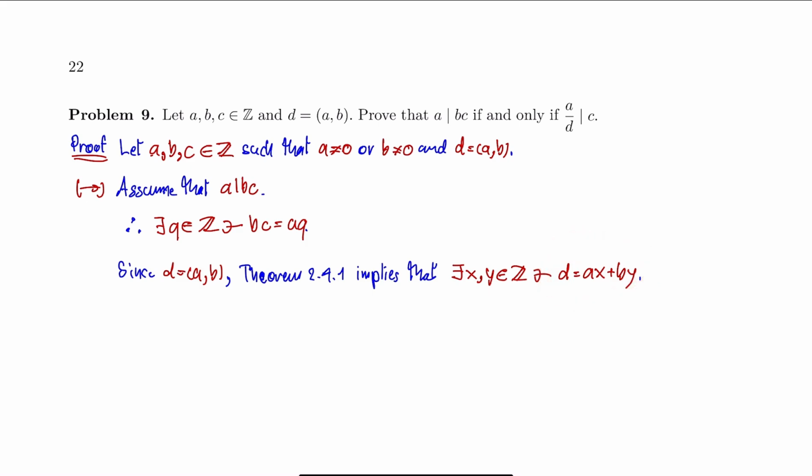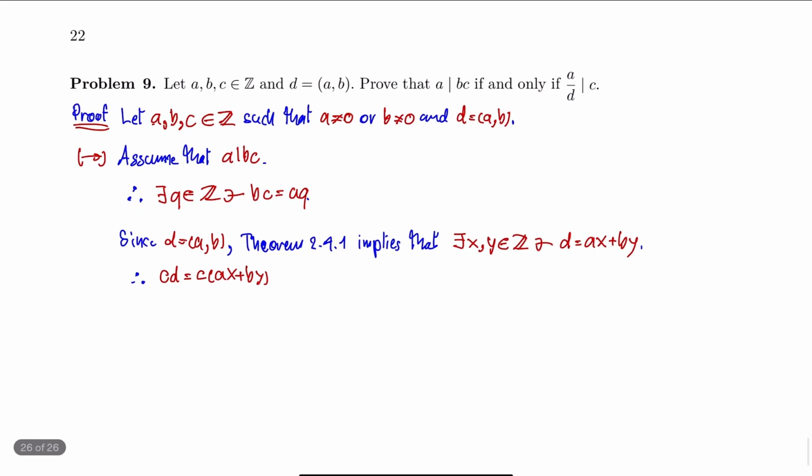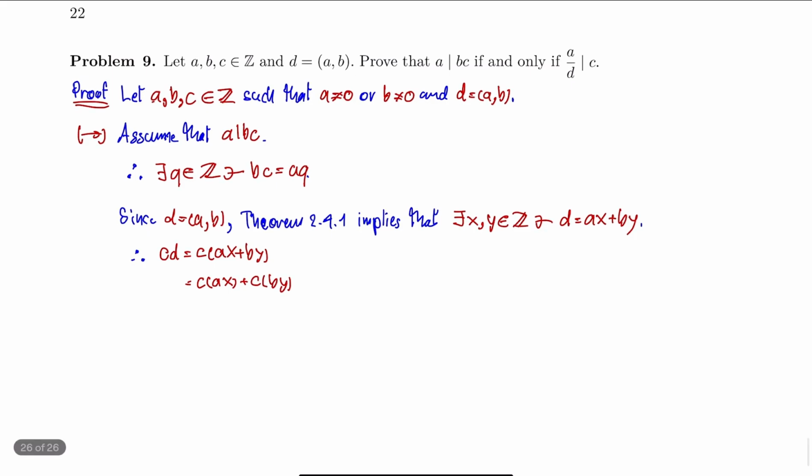So what I have next is c times d equals c times (ax plus by), and it turns out to be c times ax plus c times by. Then we have cax plus cby, then we have acx plus bcy.